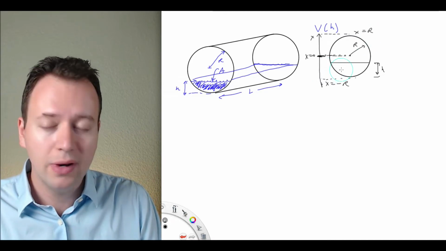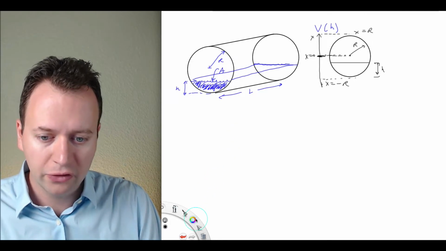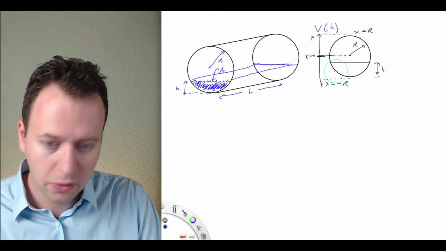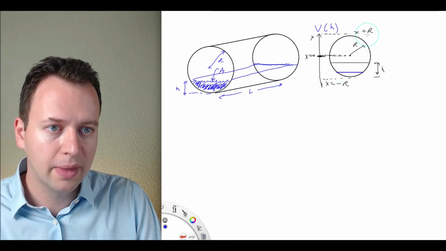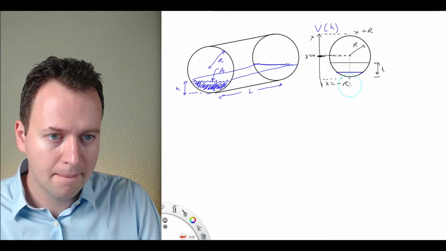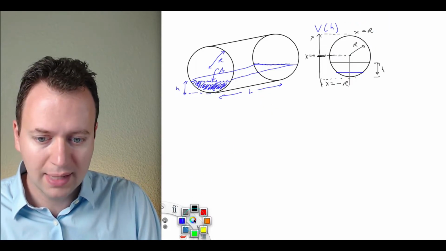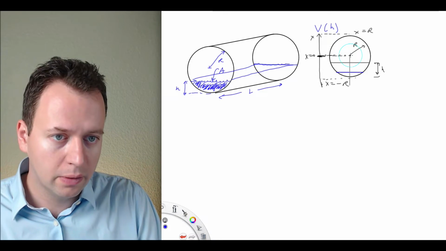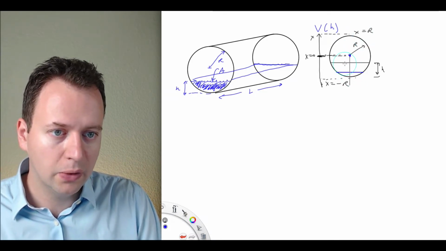So what we're going to do now is imagine our slices. So we're going to think about the Riemann sum. And our slices are essentially going to be thin little rectangles like this. So the length from the center of the circle to this slice is going to be the absolute value of x.